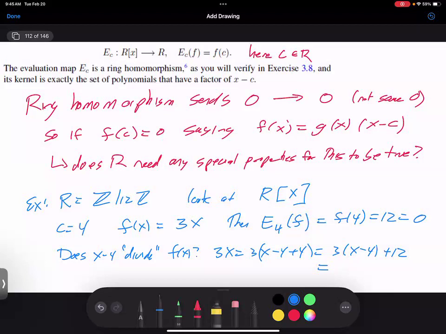If we're looking in the ring Z mod 12Z, if I add 12, that's the same as adding 0. So that is the same as 3 times x minus 4. So maybe this is a reasonable claim. When I look at 3x, that does not look like it's a multiple of x minus 4. But we just showed that, remember, you can often write something multiple ways.